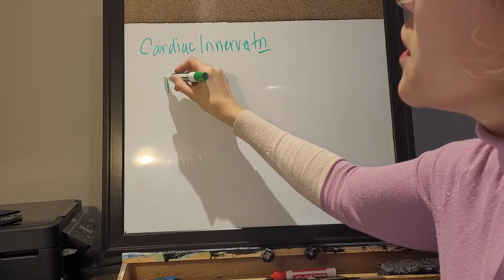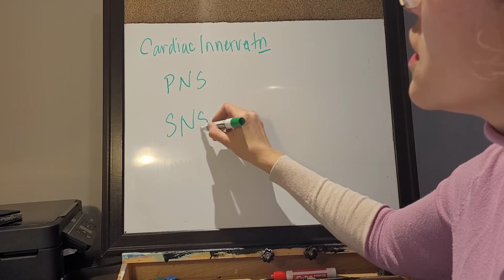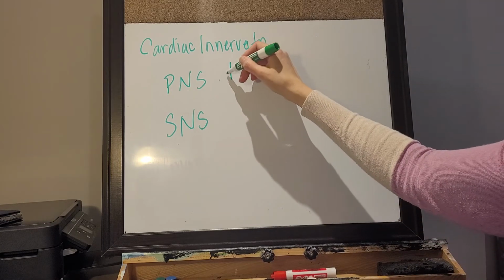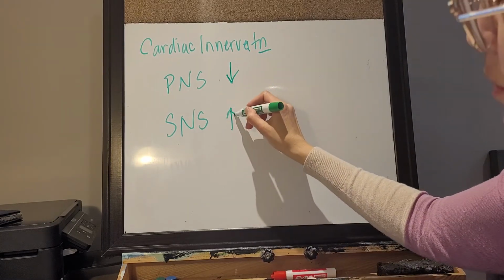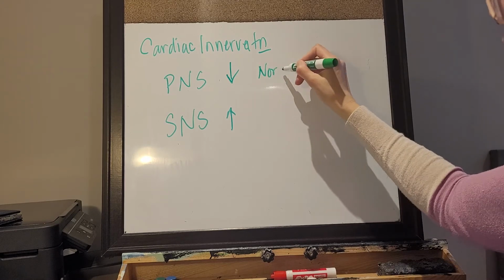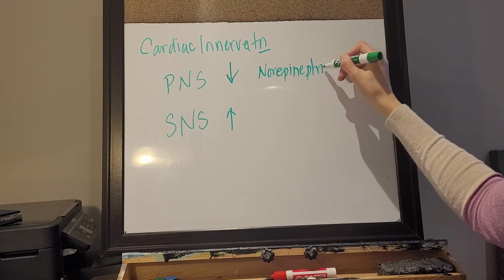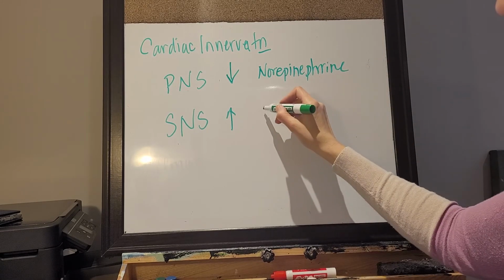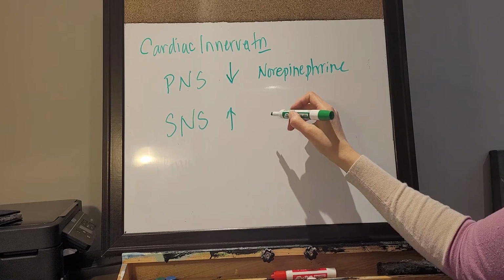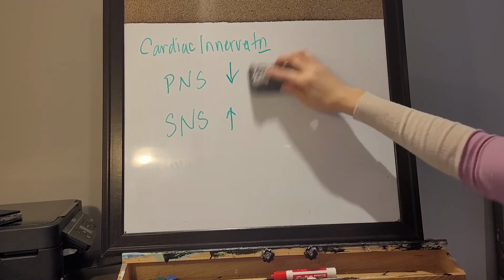Please make sure you know the difference between the PNS and the SNS. This down regulates, this up regulates. The transmitter for this one is norepi. And the transmitter in this, oh sorry, I totally did that backwards.